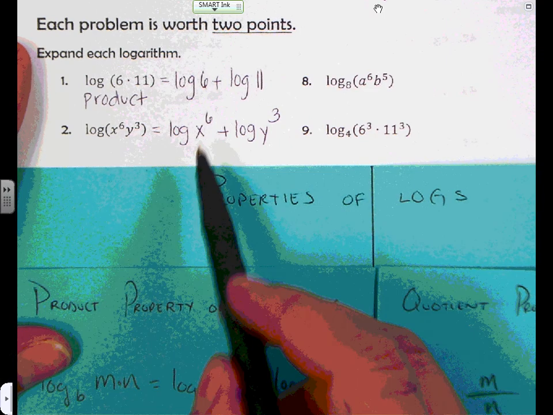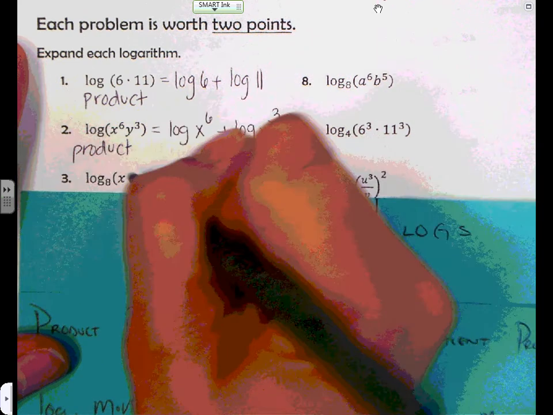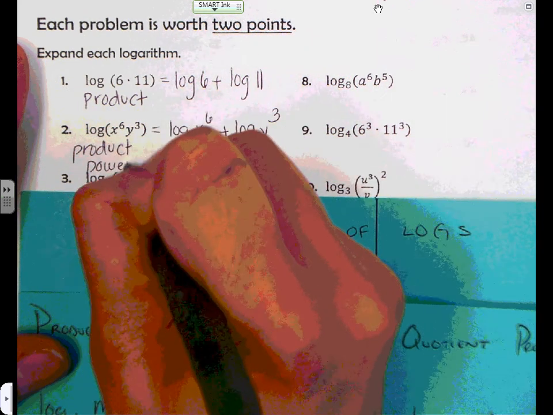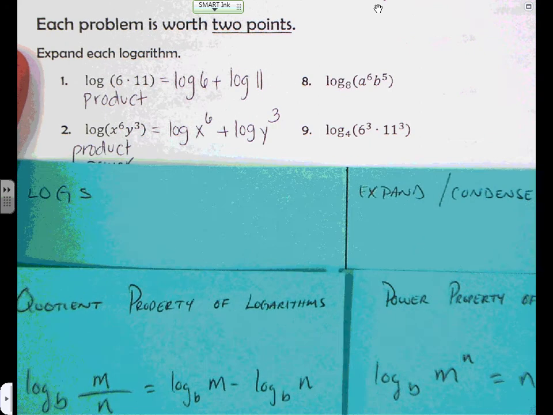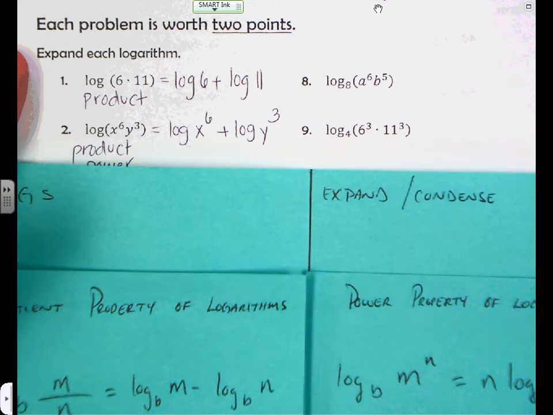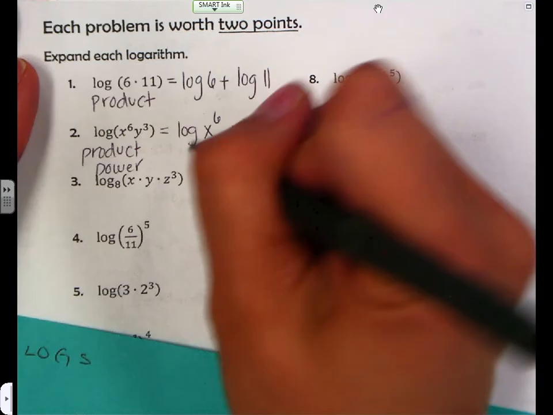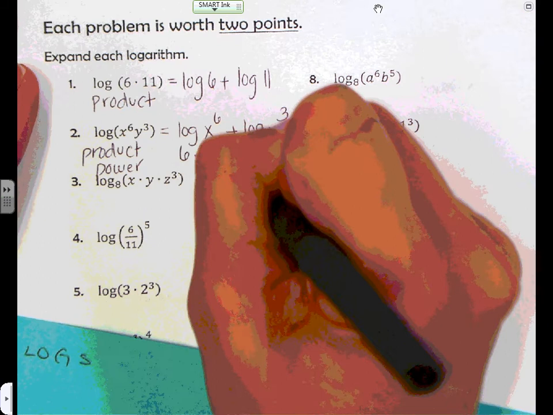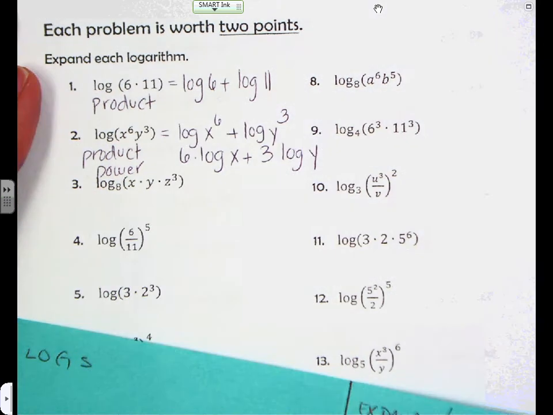Okay, now you have an exponent, so you use the product rule, and you're also going to need to use the power rule. The power rule tells you that whenever you have a number raised to another number, you have to bring that power to the front. So you really have 6 log of x plus 3 log of y.